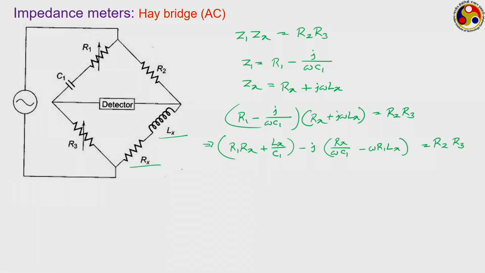So equating the real and imaginary parts, we have from the real part R1 Rx plus Lx upon C1 is equal to R2 R3. The problem is that, like in the case of the Wien bridge, where we had a similar situation, both Rx and Lx are involved.